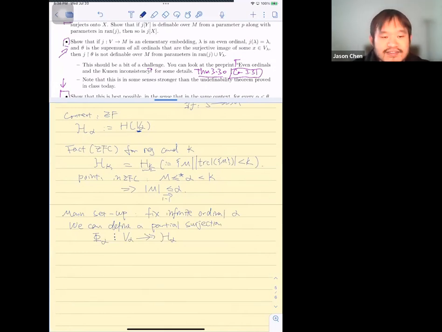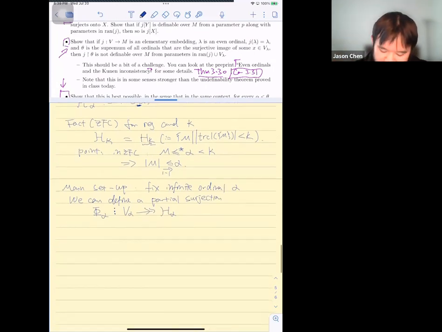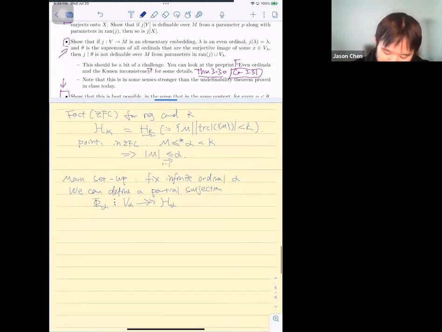So when you see this, if you've seen something like this before, something should be jumping out at you. First, they define something that's equal to H kappa in ZFC. So that's a hint that inner model concepts are going to come into use. And then the second giveaway is this defining of a partial surjection.